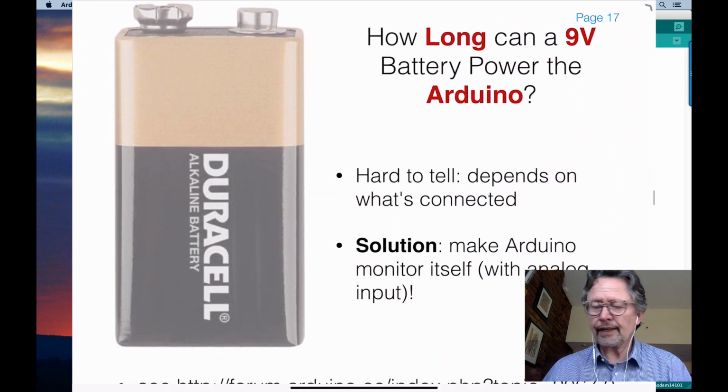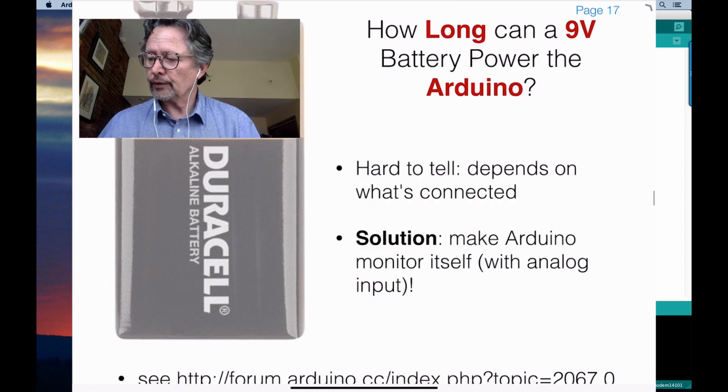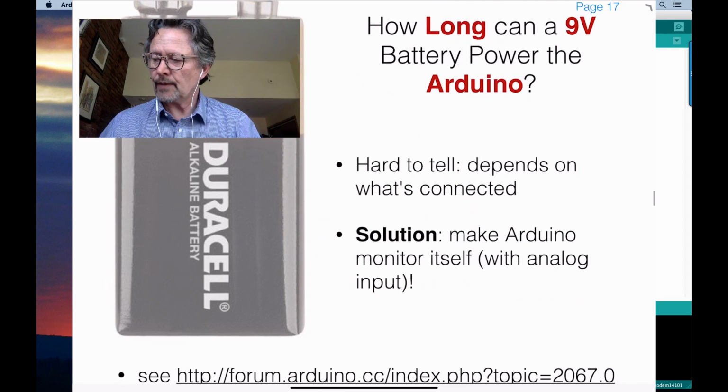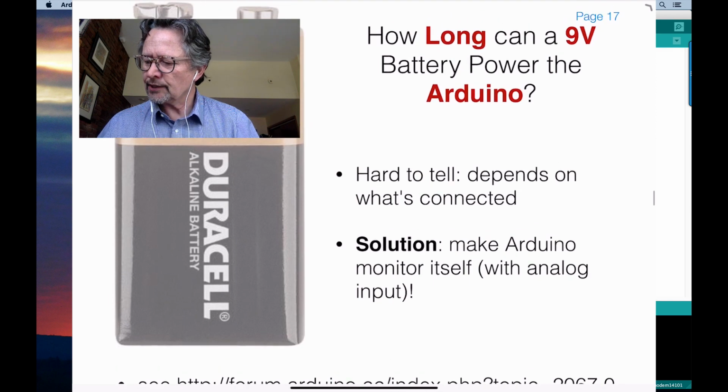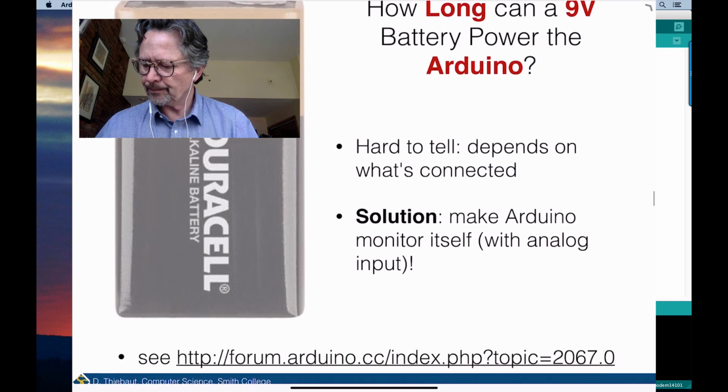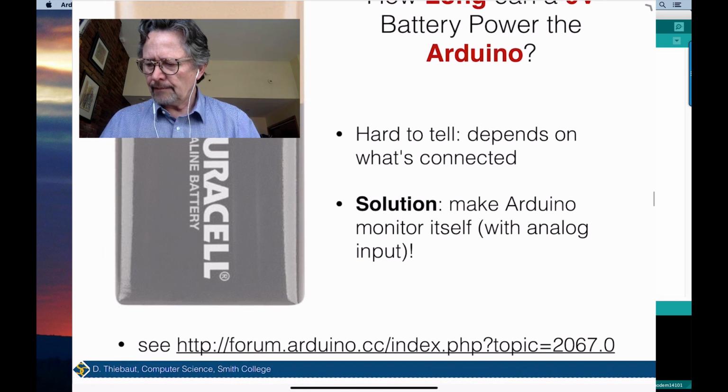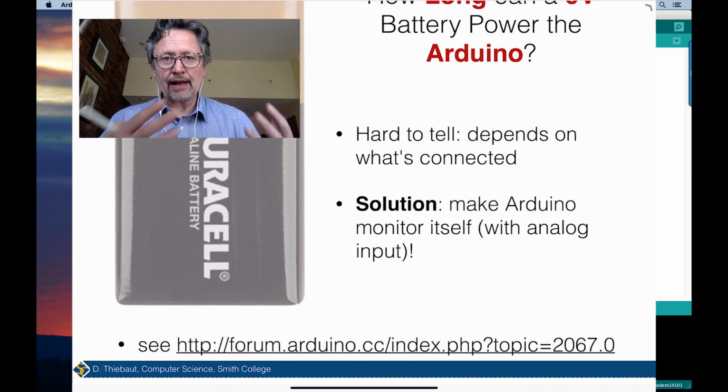All right, how long can a 9 volt battery last if you connect it to an Arduino? Well, it's not very easy to figure out. It's all going to depend on what kind of hardware you have attached to your Arduino.